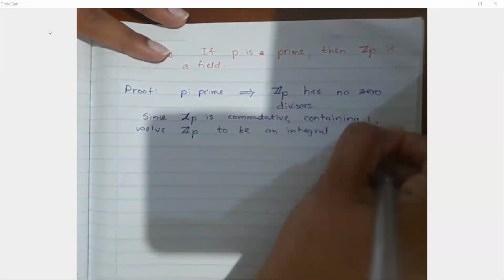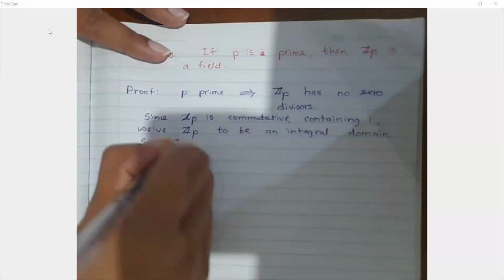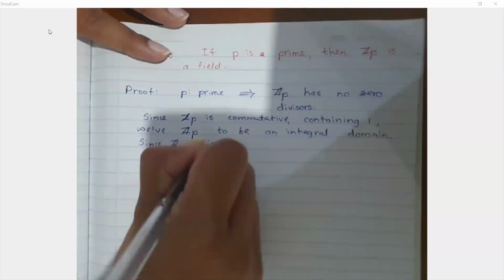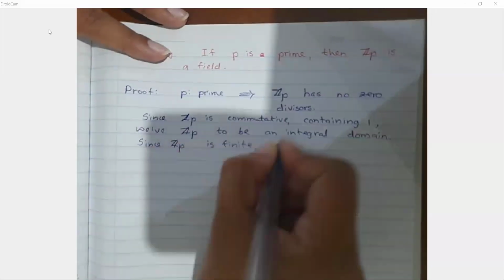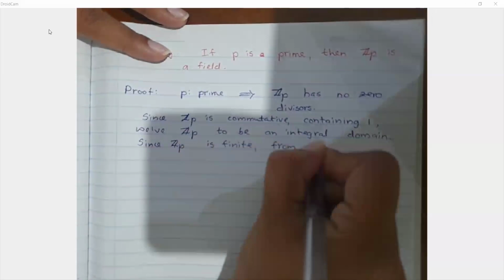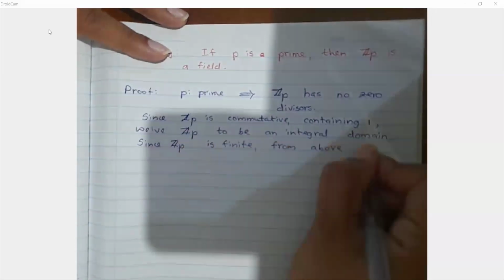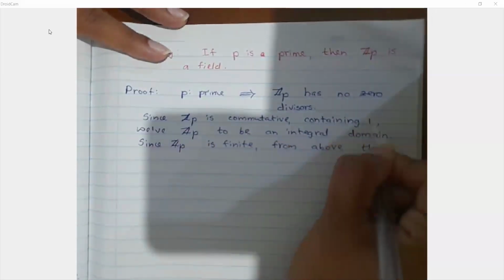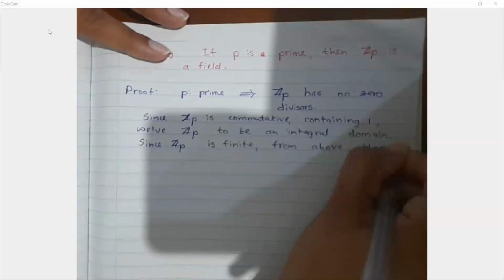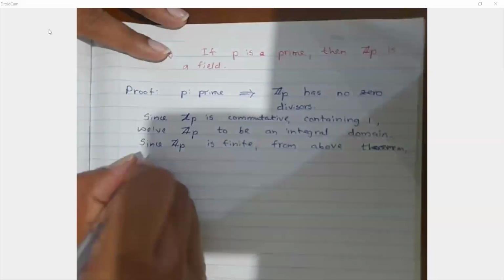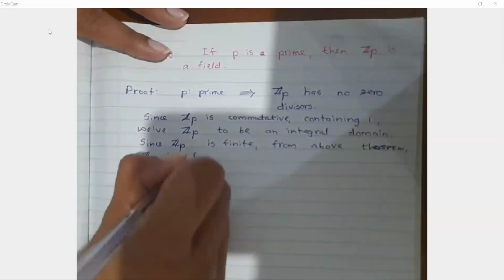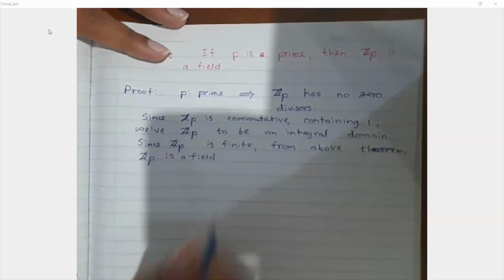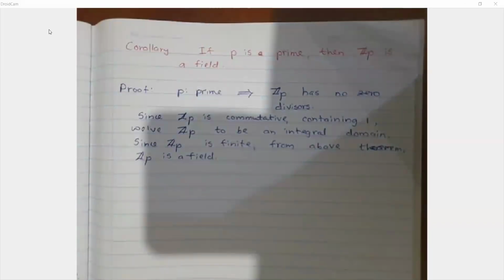Now this is finite. Since Zp is finite, from the above theorem, we see that Zp is a field.